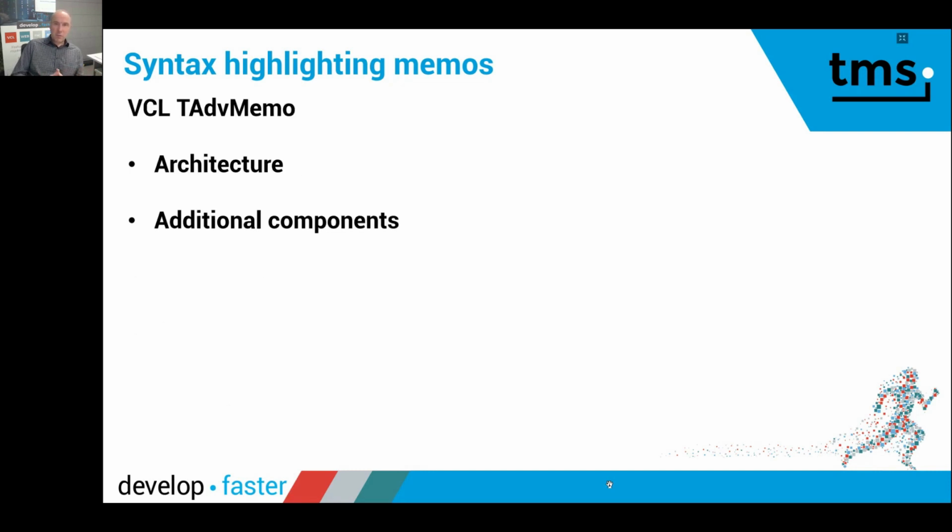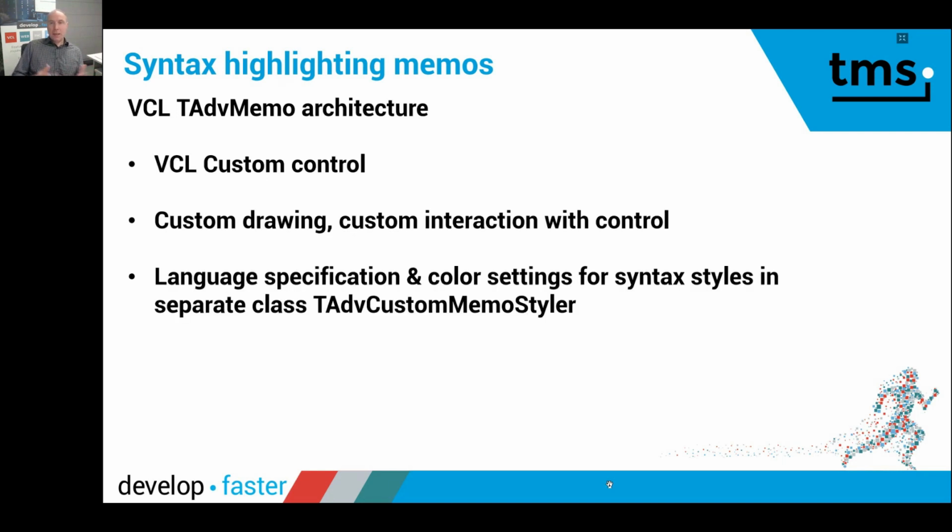So first of all, we are going to have a look at the ADV memo, which is a VCL specific component, briefly discuss its architecture, and also give you an overview of the additional components that come with the family of ADV memo components.